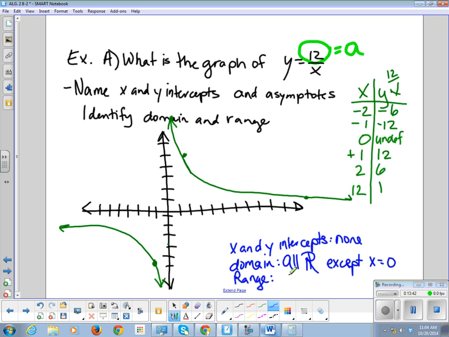Are there any restrictions on my range, my y values? y can't equal 0, which means my asymptotes are x equals 0 and y equals 0.